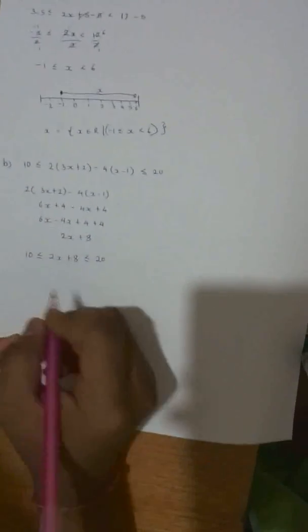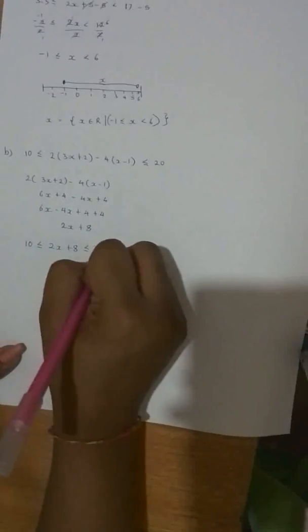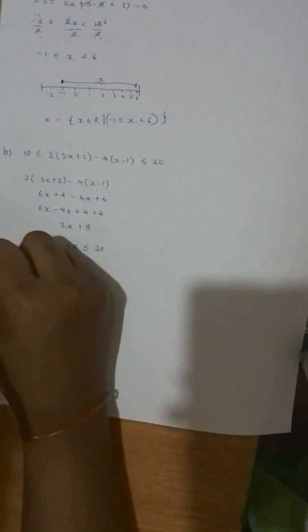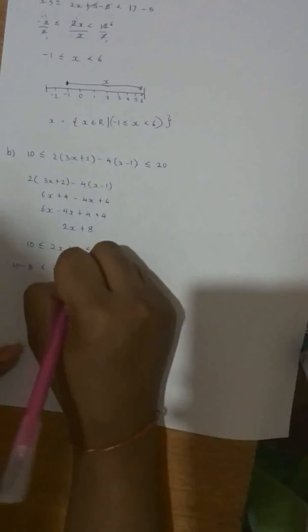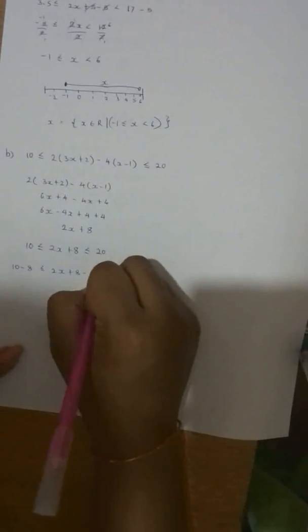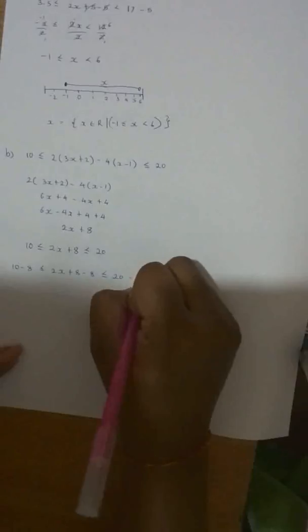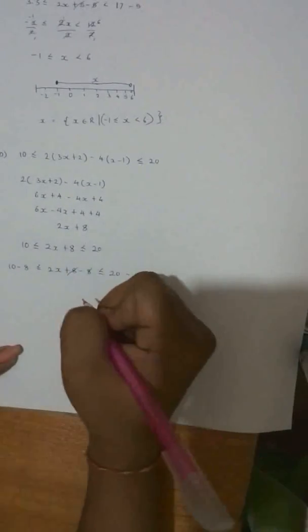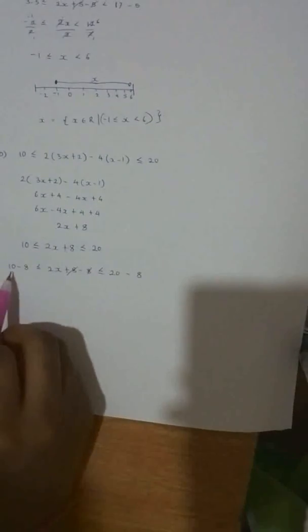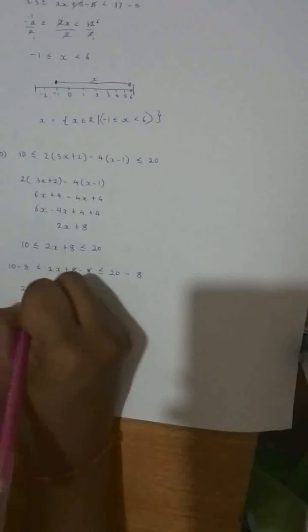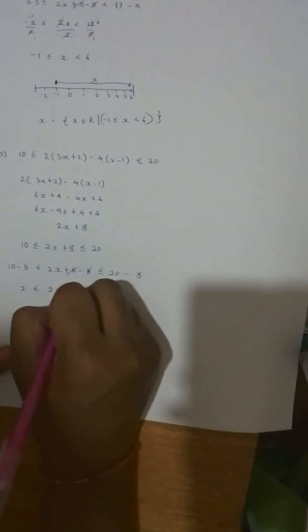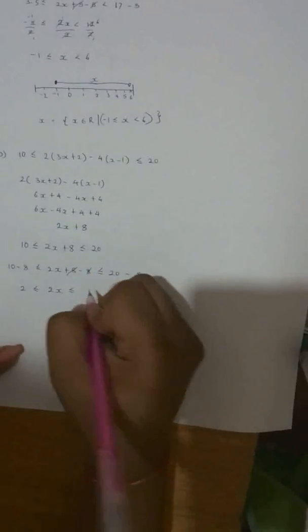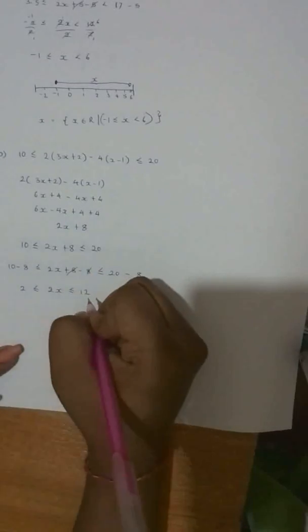We take 8 and subtract it from all sides. So 10 minus 8 gives us 2 less than or equal to 2x, and then we have 20 minus 8 which gives us 12.